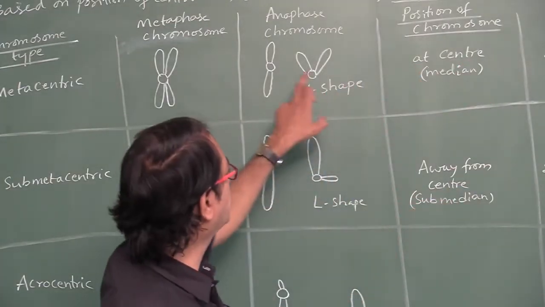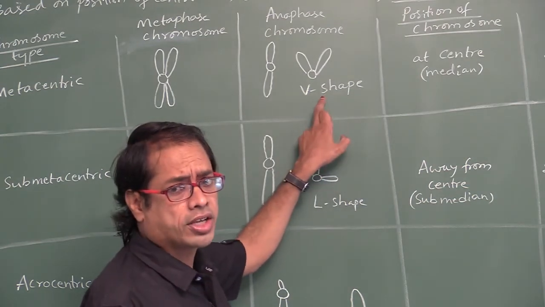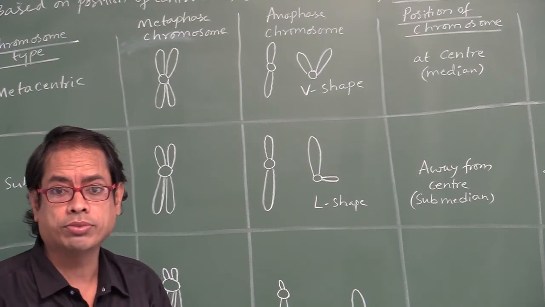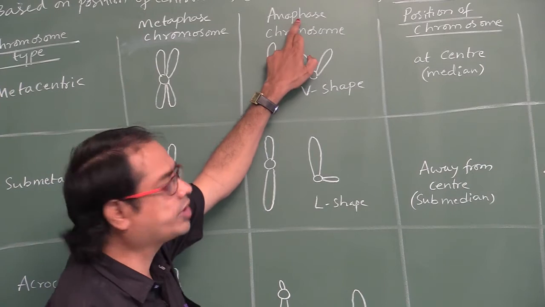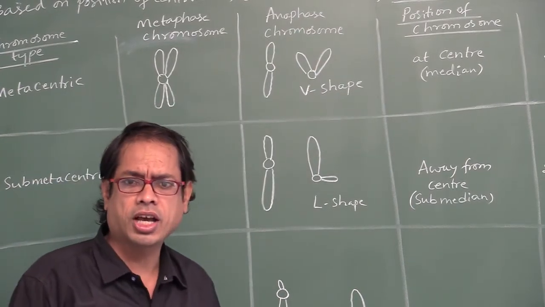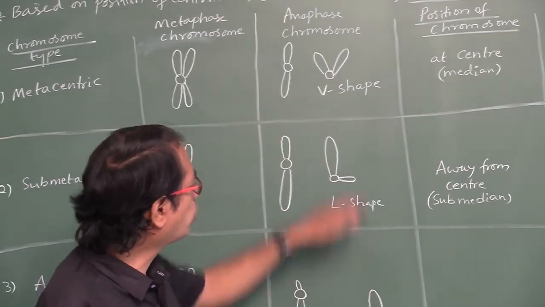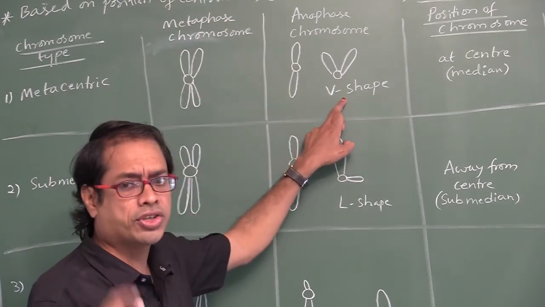During anaphase, chromosomes appear in V shape. Previously we noted that the shape of the chromosome can be noticed in anaphase chromosome. The best stage to study the shape of the chromosome is anaphase. So, metacentric chromosome appears in which shape?